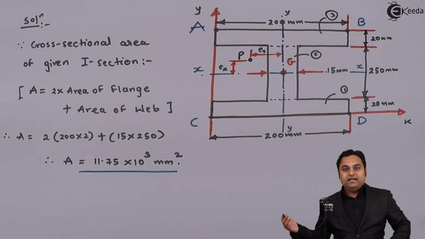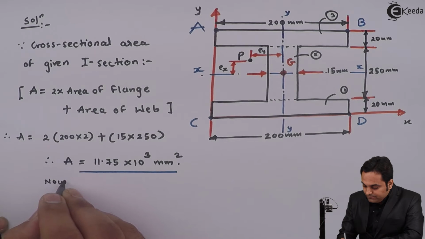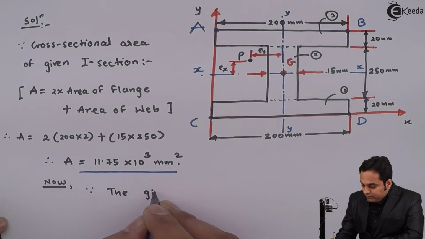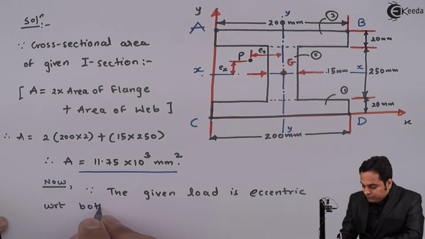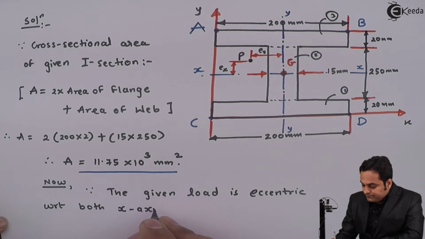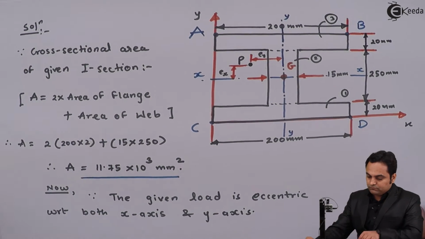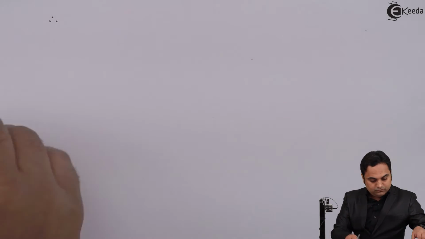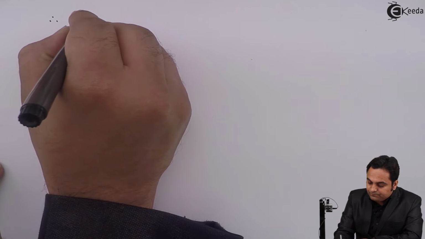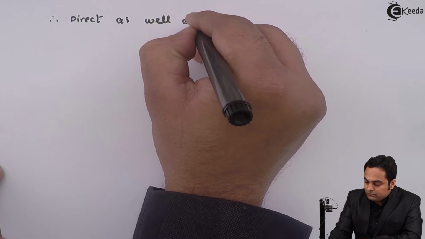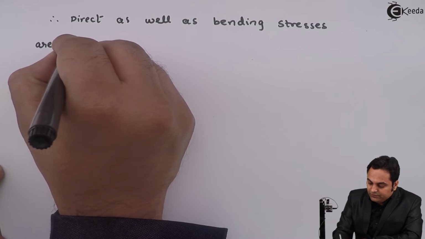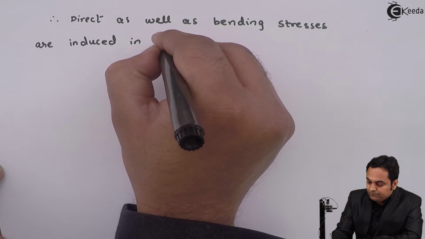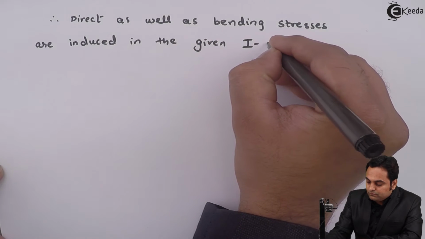So this is a case of direct as well as bending stresses. So here first I'll calculate the direct stress. Since the given load is eccentric with x-axis and y-axis, therefore direct as well as bending stresses are induced in the given I section.